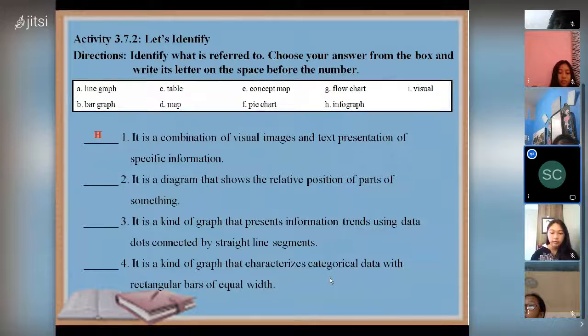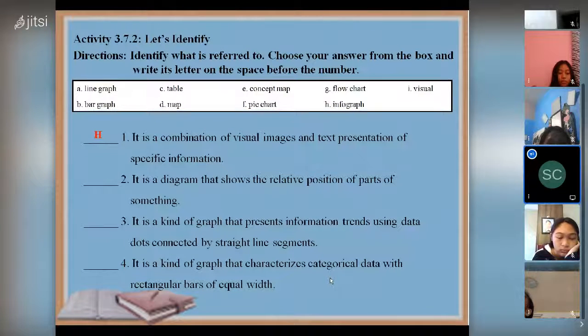It is a diagram that shows the relative position of parts of something. I think it's a concept map, sir. No. Letter G? No. Analyze the question. It is a diagram. A diagram means like a picture.